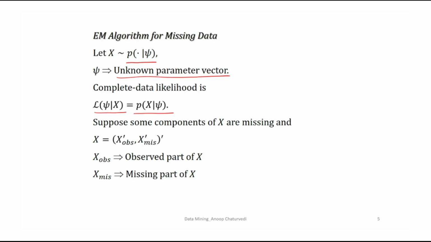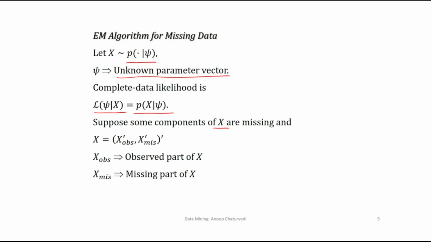Now, suppose some components of x are missing, and then we write x equal to, say, x observed transpose, x missing transpose, whole transpose.